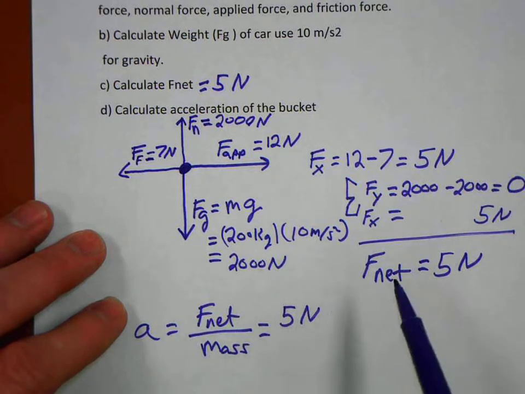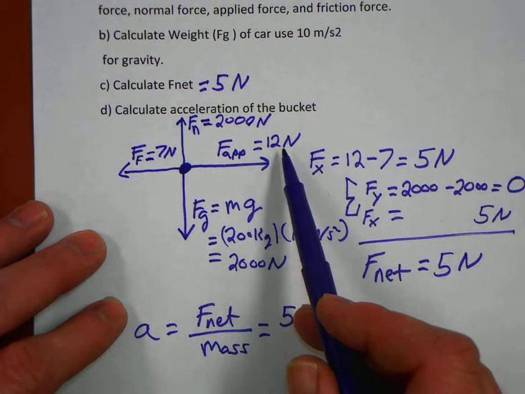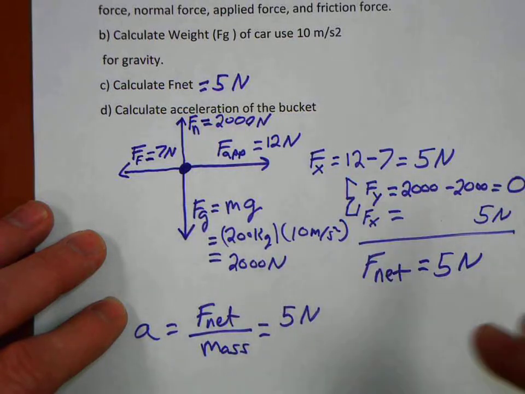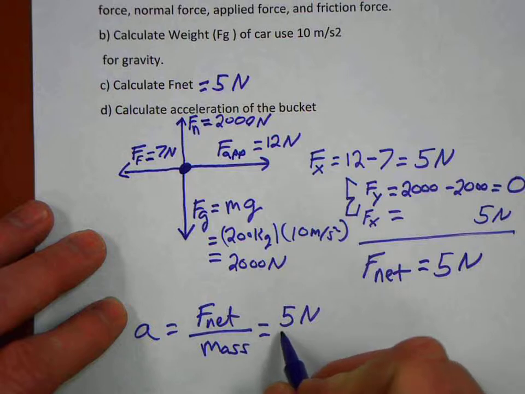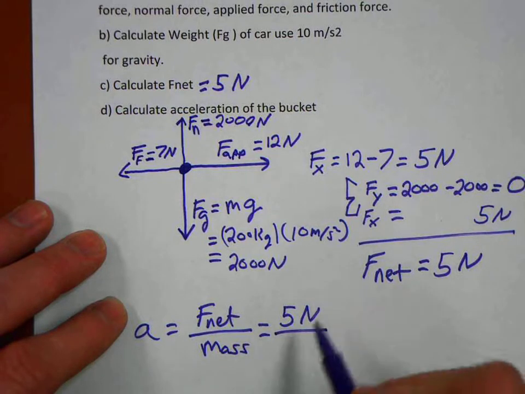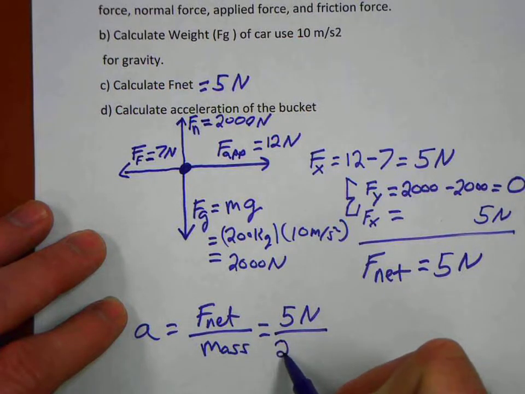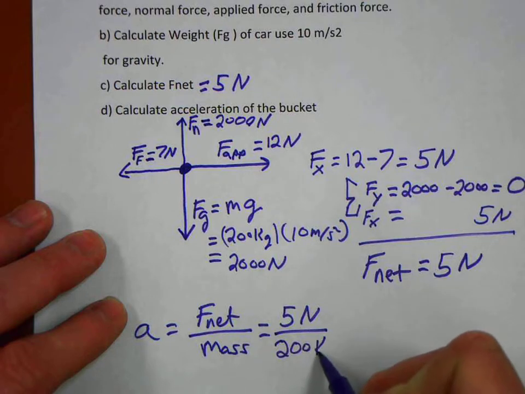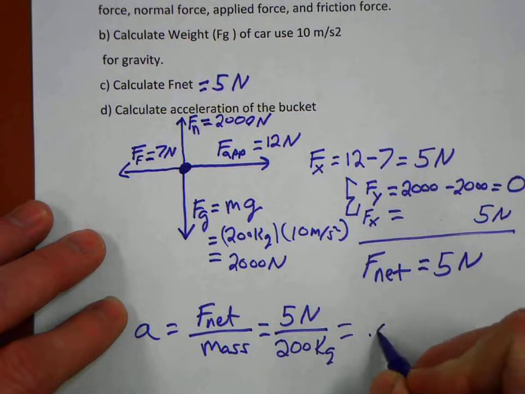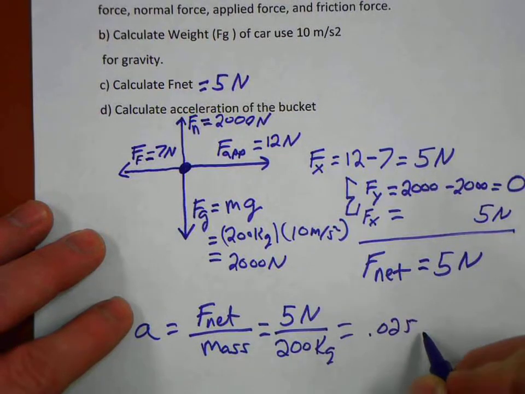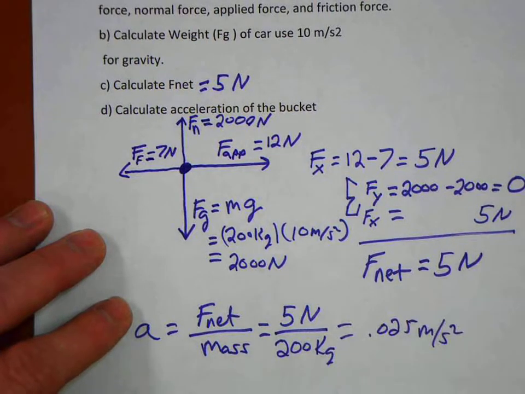The temptation sometimes is to put in the applied force or one of the other forces, like gravity. But remember, it's the total net force divided by our total mass, which is 200 kilograms. 5 divided by 200 is going to give us 0.025 meters per second squared.